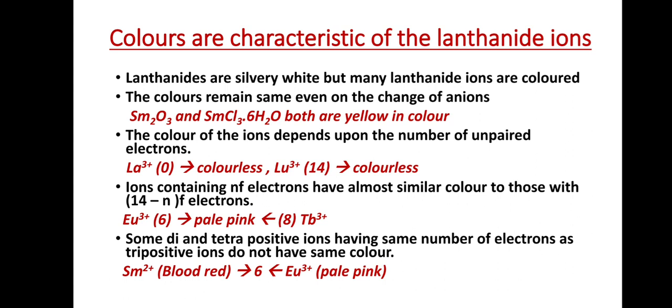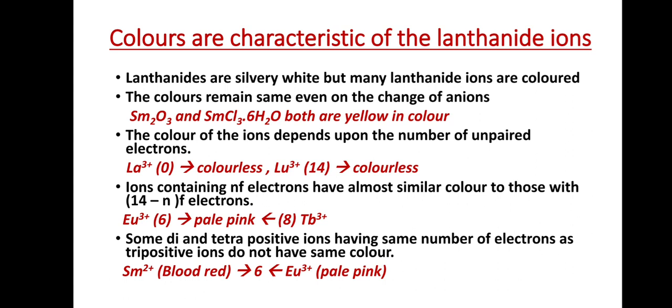It is also observed similarly in case of terbium in its 3+ oxidation state. It has 8 electrons. If n is equal to 6, then 14 minus n, that is 14 minus 6, would be 8. So terbium in its 14 minus n f electron state with reference to europium 3+ also has the same color, pale pink.